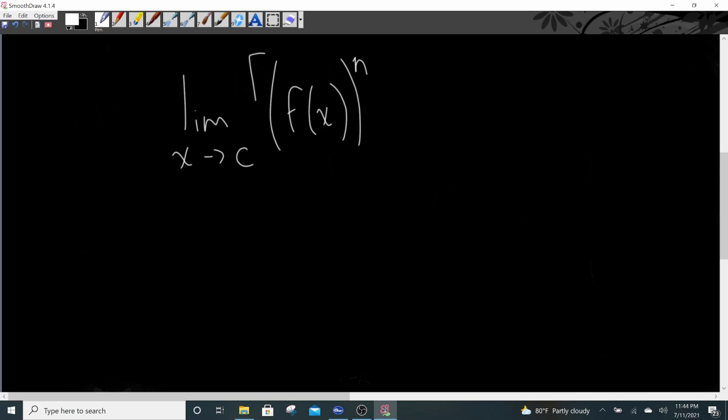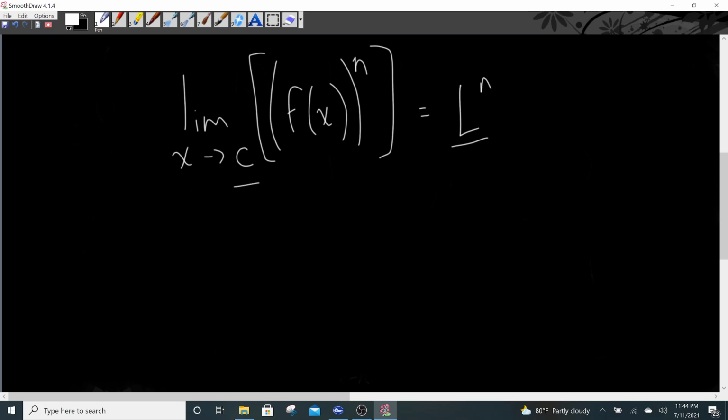But the power rule is also, I would actually go so far as to say that it's most likely one of the most important limit rules that you're going to have to do. The limit of f of x to the power of some number n, as x approaches c, is going to equal L to the power of n, if we're using our x approaches c, y approaches L notation.